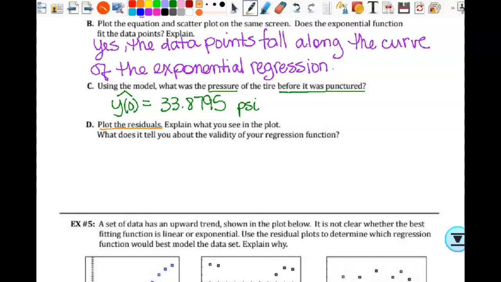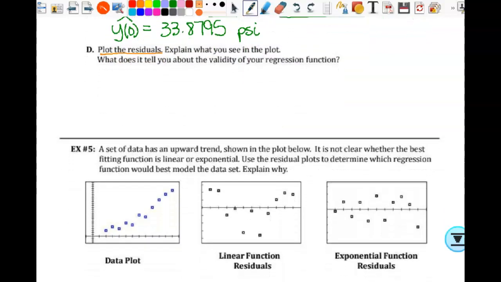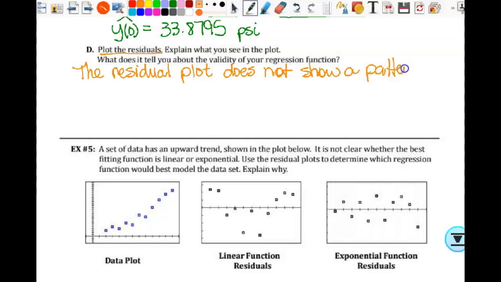So I would say the residual plot does not show a pattern. Okay. So I explained what I saw.